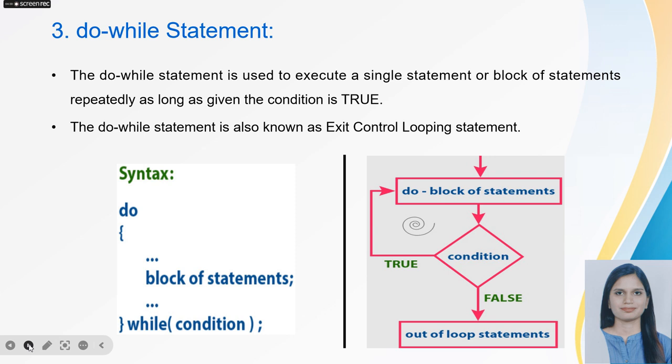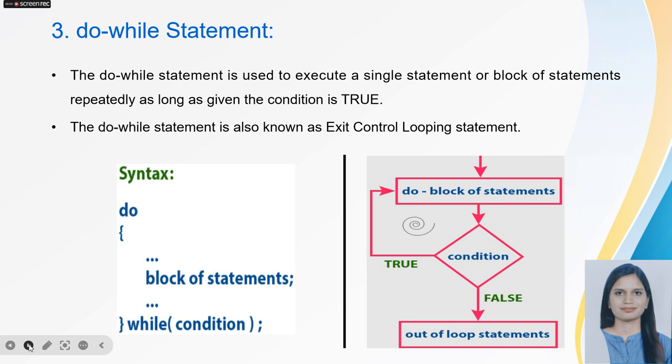Third, do while statement. What is a do while statement? The do while statement is used to execute a single statement or block of statements repeatedly as long as the given condition is true. The do while statement is also known as an exit control looping statement.